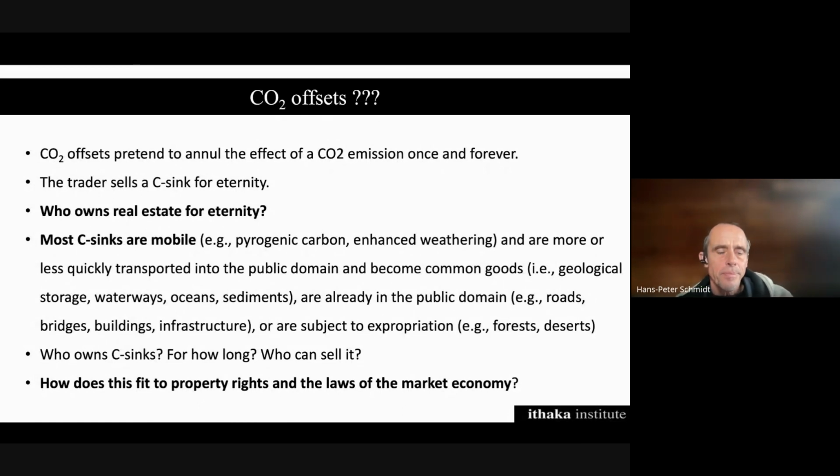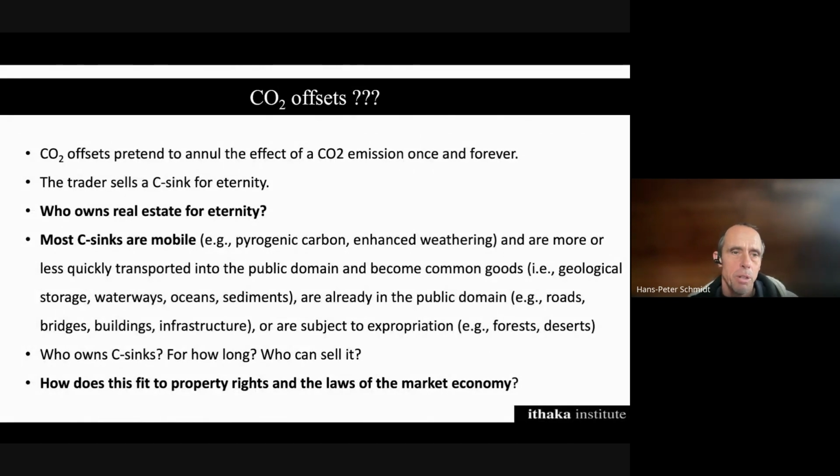Now, the question is, who owns real estate for eternity? You create a carbon sink and someone owns this carbon sink, but then let's say in 50 years, someone else comes and says, yeah, but you sold it 50 years ago. I don't even know who it was who sold it, this carbon sink for eternity, but I have to take care of this carbon sink.